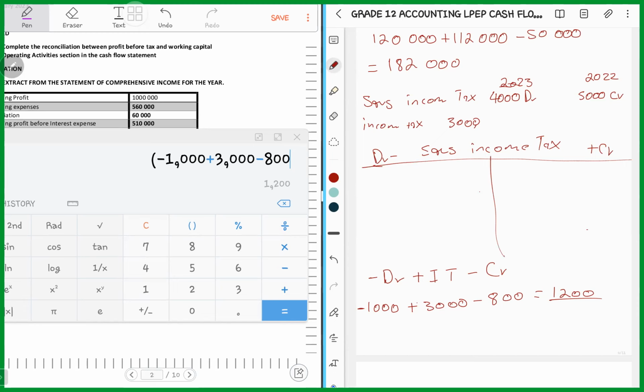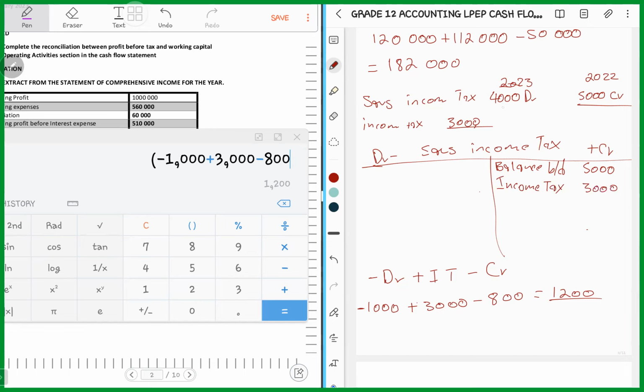Okay, then here, if you notice, it says a credit balance. Then it means we're going to say balance brought down on the credit side. Then we record the 5,000. Then remember, we still have the income tax. The income tax is how much? It's 3,000. Then we record the 3,000.